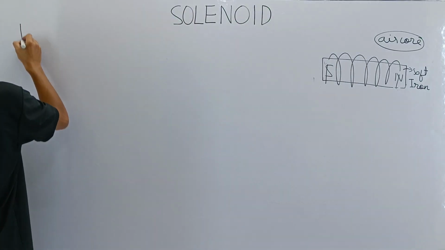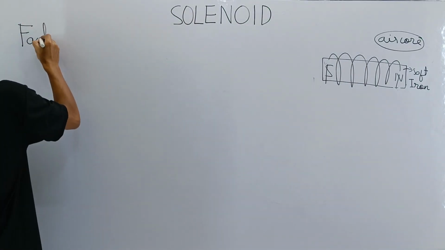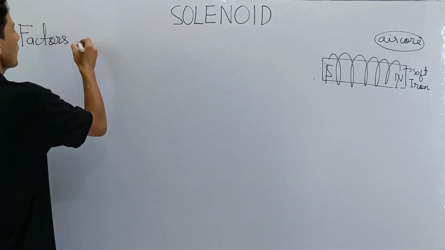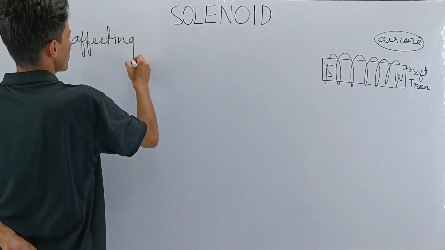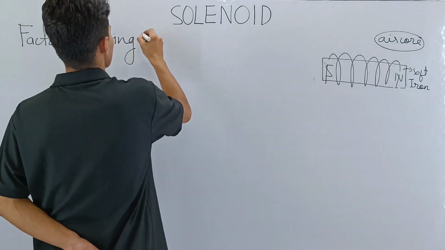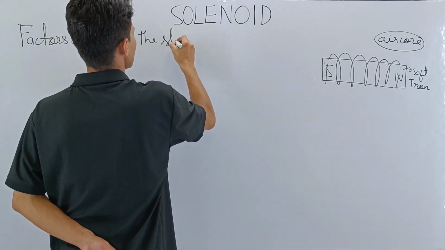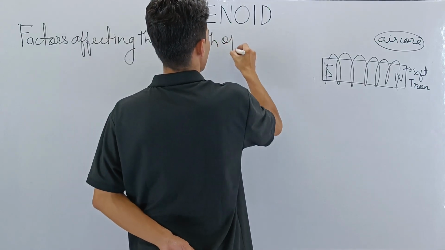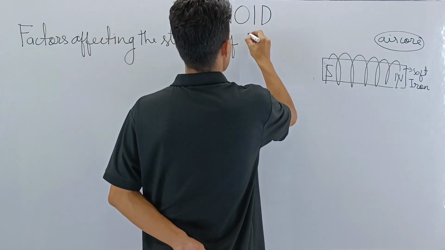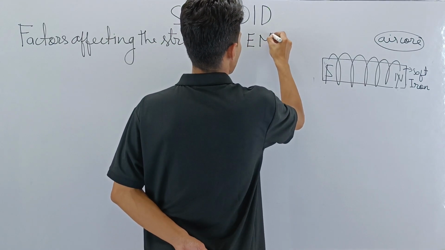Factors affecting the strength of electromagnet. This is important for exam. Let me write EM in short.